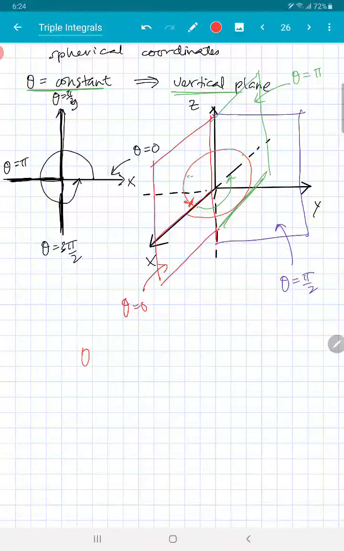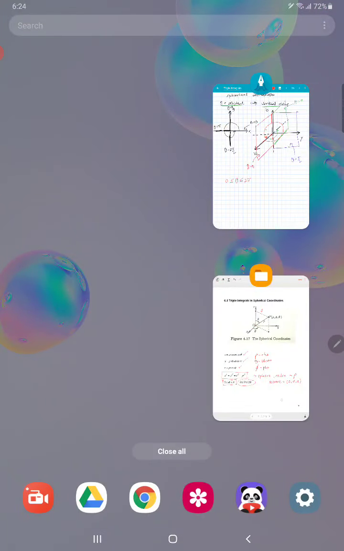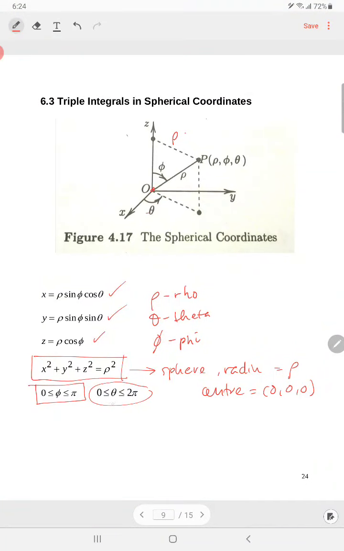So theta can be from 0 to 2 pi. So that's the range. Theta is from 0 to 2 pi, phi is from 0 to pi, and here x squared plus y squared plus z squared equals rho squared is the equation of a sphere with radius rho, and the center is at 0, 0, 0, at the origin.